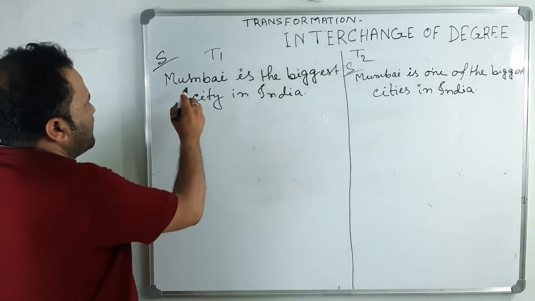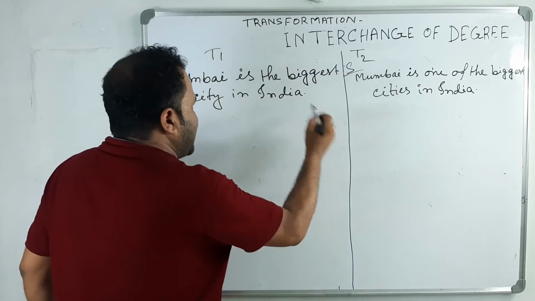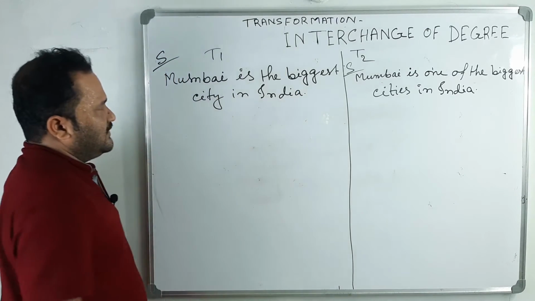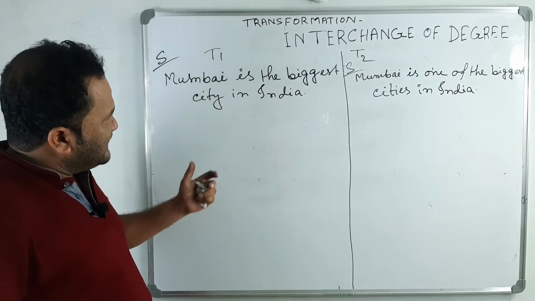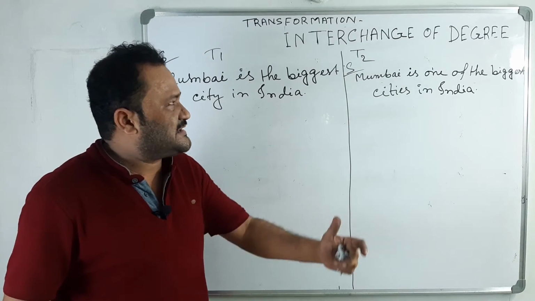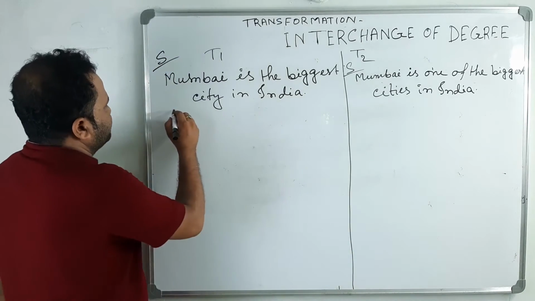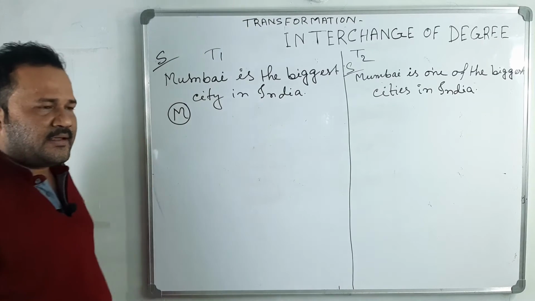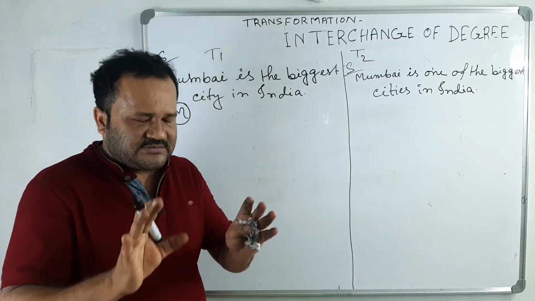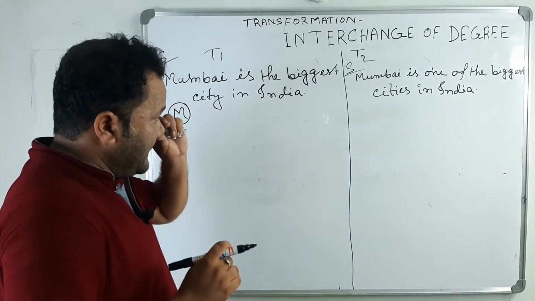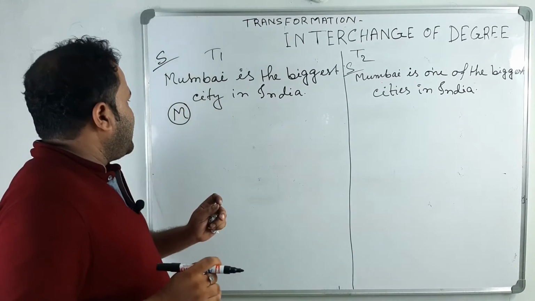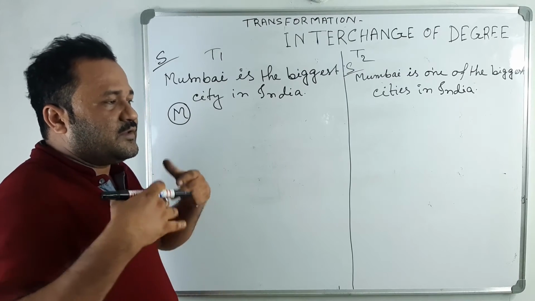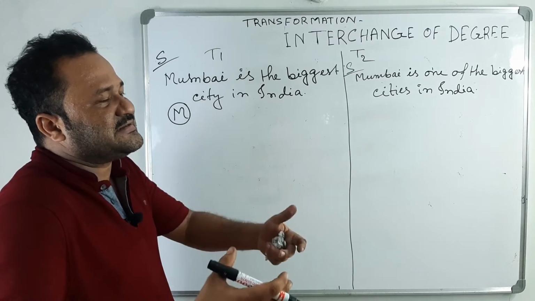First one, Mumbai is the biggest city. Mumbai is the biggest city in India. That means, just imagine for suppose Mumbai, and there are 9 other cities in India.